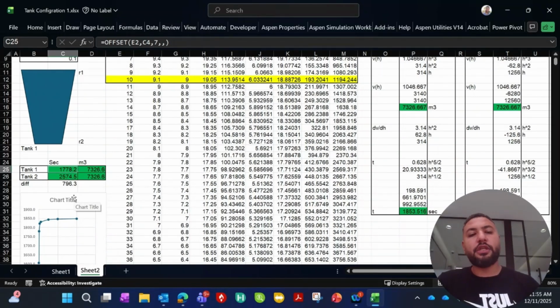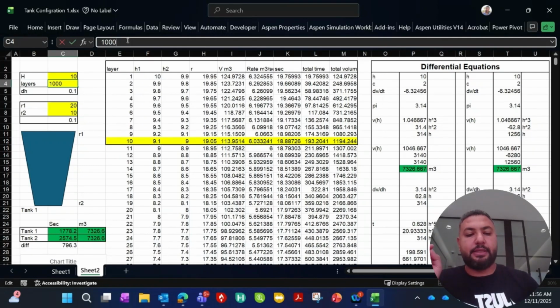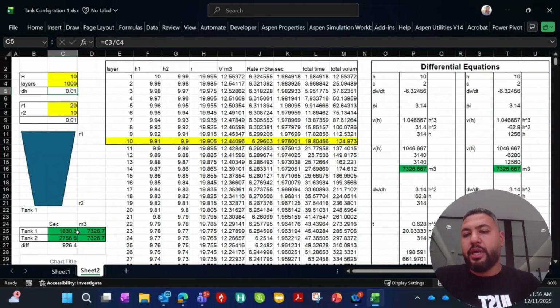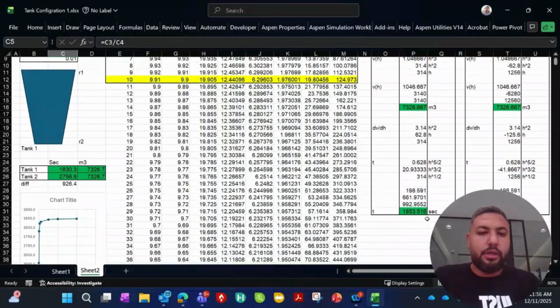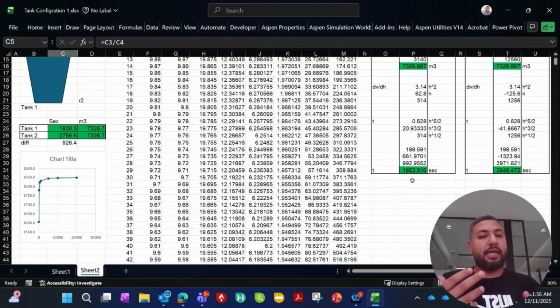So we have a small difference in time, but once we try to increase the layers or take smaller steps, we can see that this will go to 1,800 something, which is almost identical to this. With more steps, you can see that it's approaching the same number as this one, which means that again this equation is working fine.